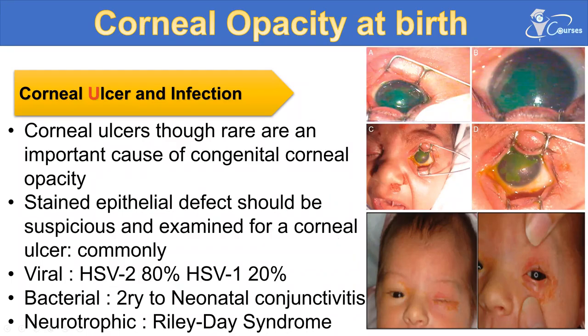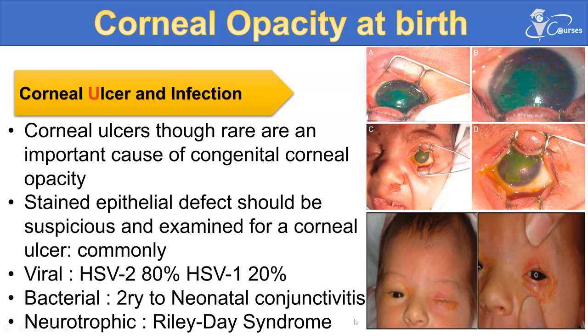There is also another cause for corneal ulceration in neonates, which is the neurotrophic corneal ulcer. Neurotrophic corneal ulcer can occur secondary to what is called Riley-Day syndrome. Riley-Day syndrome, also known as familial dysautonomia, is a condition associated with generalized dysfunction of the autonomic nervous system.